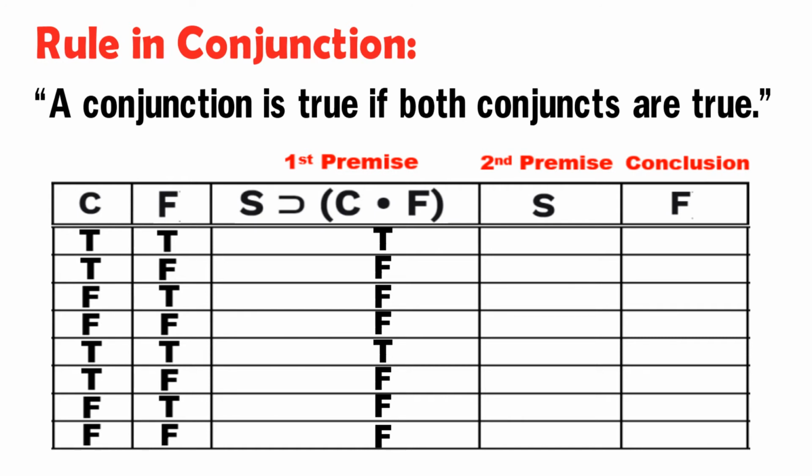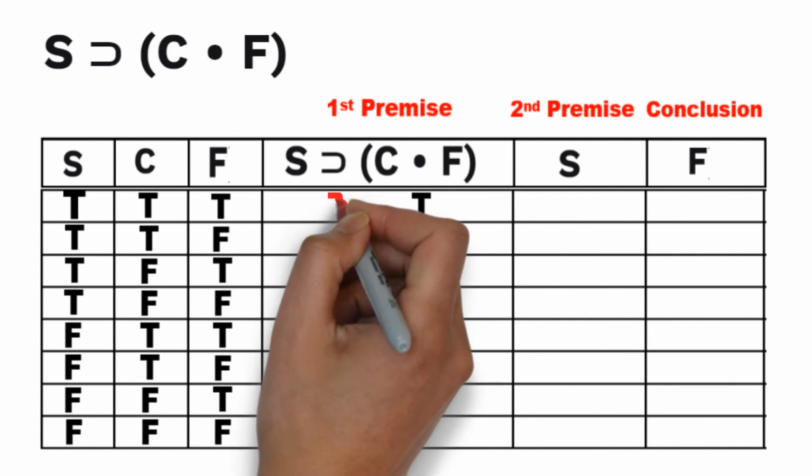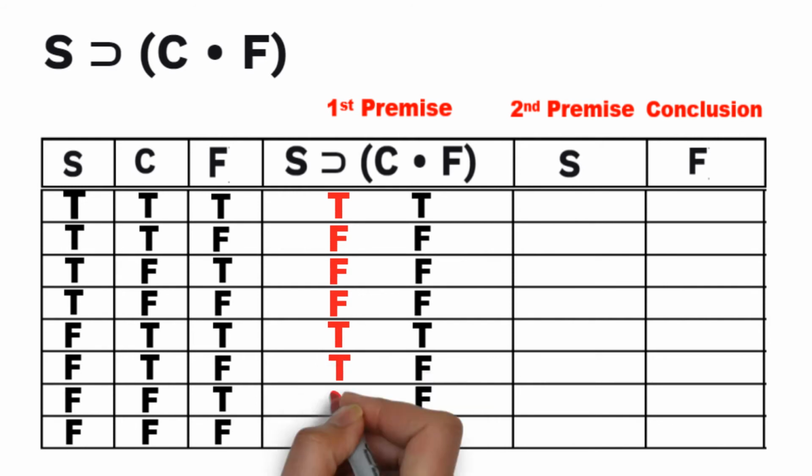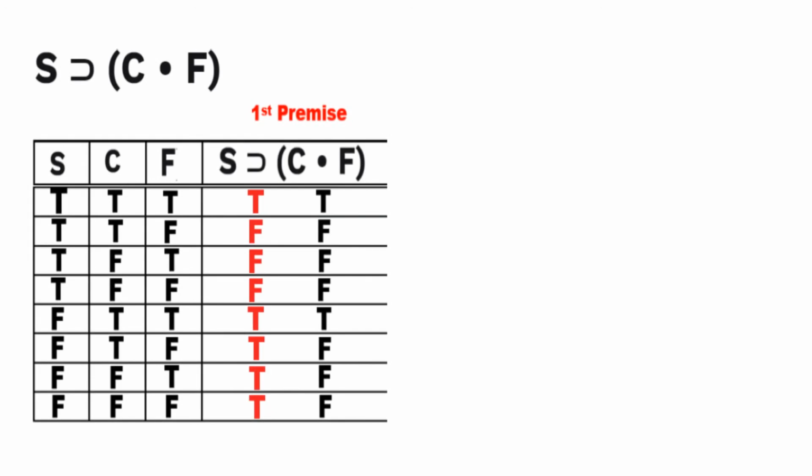Since we already have simplified C and F, we can now proceed to determining the final truth values of the first premise, S, then C and F. Now, the truth table will look like this. Please note that the final truth values of the first premise are the ones in bold red. Let me illustrate how I arrived at those values, but let me just illustrate the first two rows.